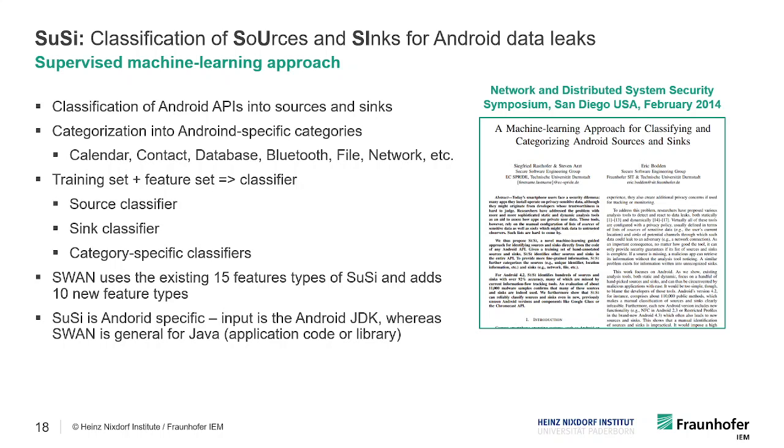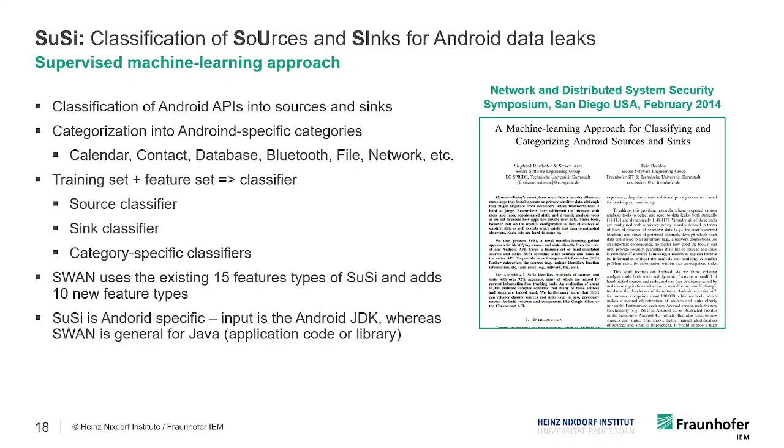It also uses a predefined or manually selected training set with a feature set, and since this was the motivation for SWAN, we actually reused the 10 feature types in SWAN, and there are 10 new ones that were added in SWAN.